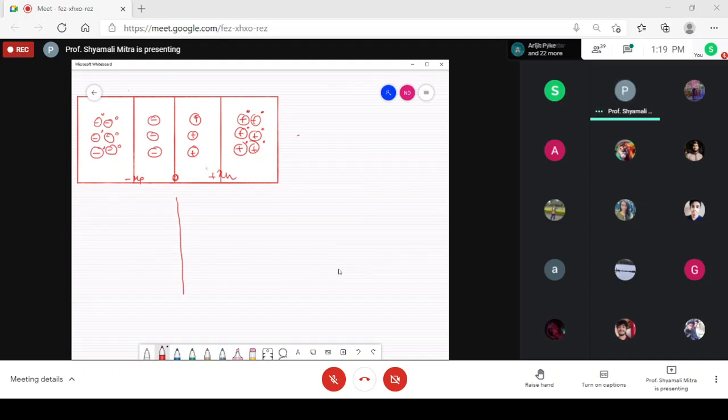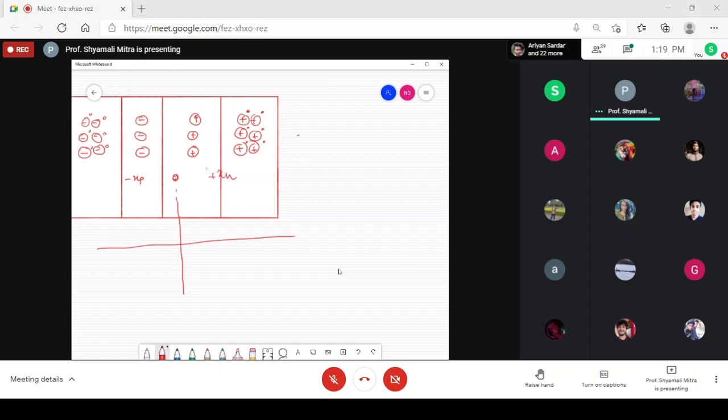Let us draw that. Plus on this side and a minus on this side.